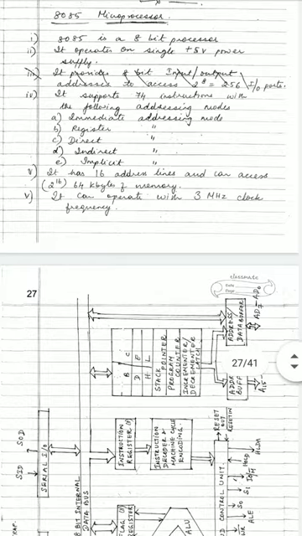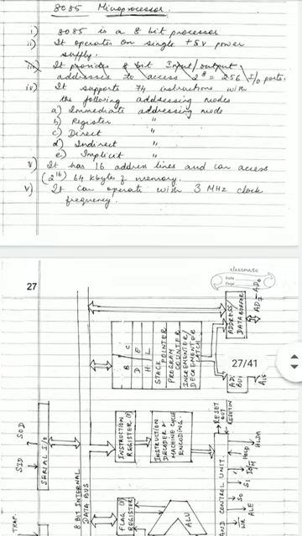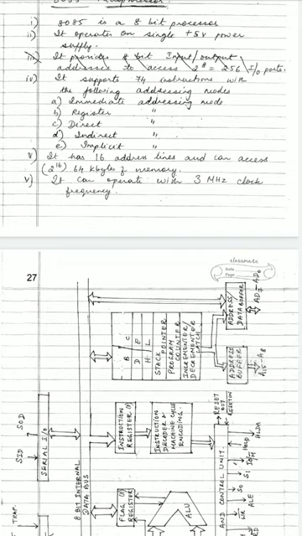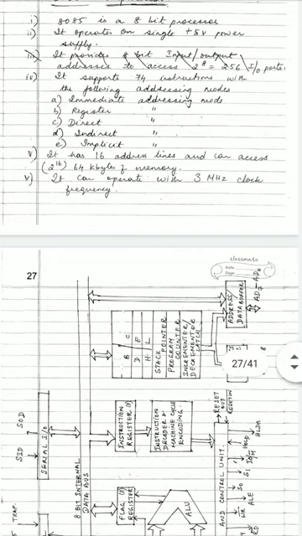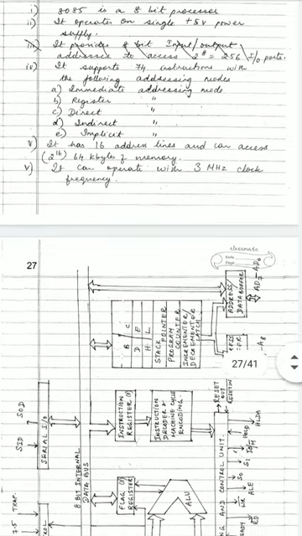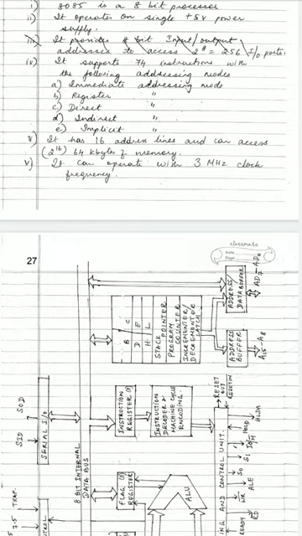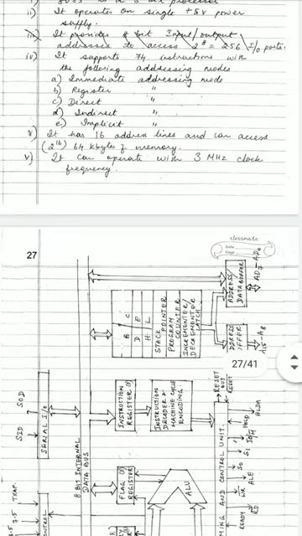It has 16 address lines. See, address lines means suppose some programs are by default already stored in the system. That program is actually stored at some address, right?